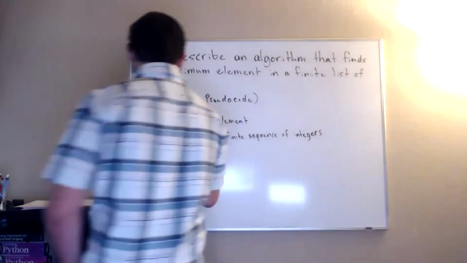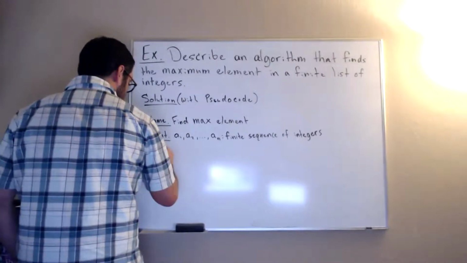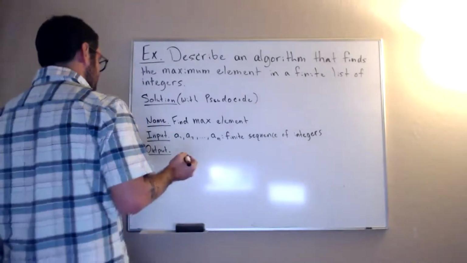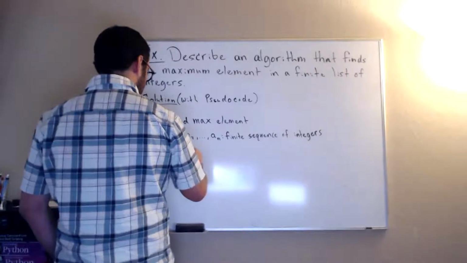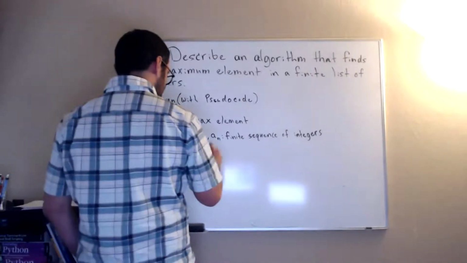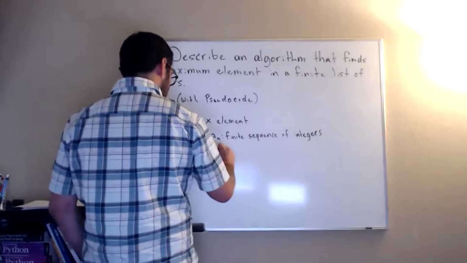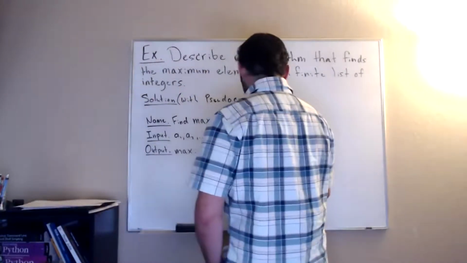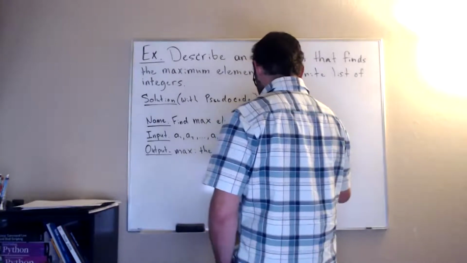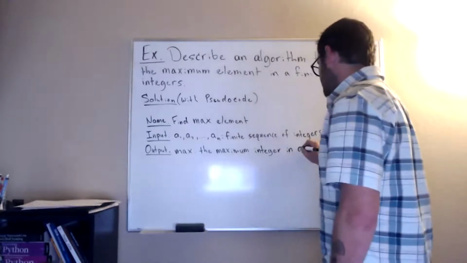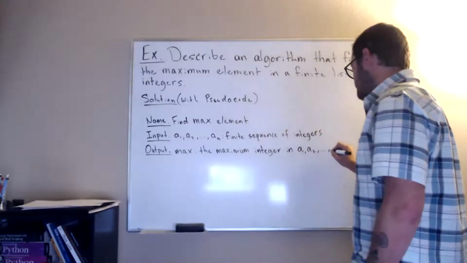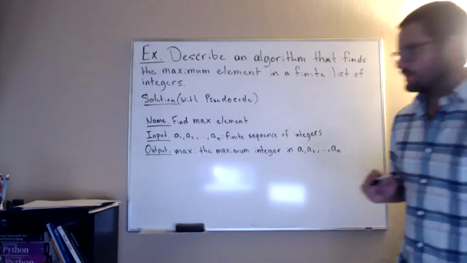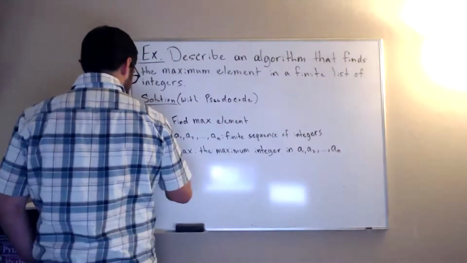And then next, I'm going to say output. I'll say max, the maximum integer in the sequence A1, A2, and so on. And the next step will be to write the actual algorithm.